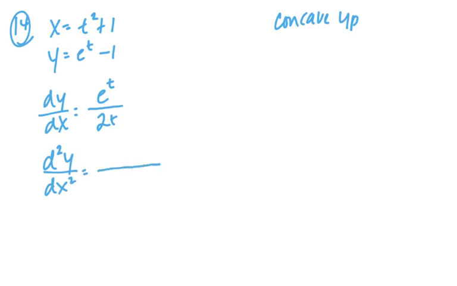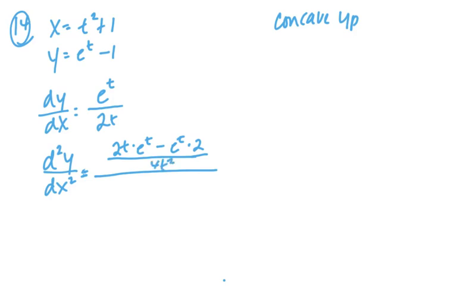So let's talk about the second derivative. So we're going to take the derivative of that to be the quotient rule. Now when we take this derivative, we need quotient rules, so let's put a fraction up here. And we have the bottom, which is 2t times the derivative of the top, and that's e to the t, minus the top, e to the t, times the derivative of the bottom, which is 2, over the bottom, 2t, quantity squared, becomes 4t squared.